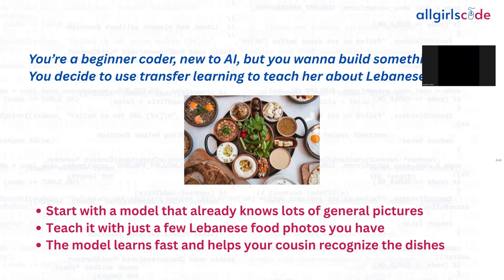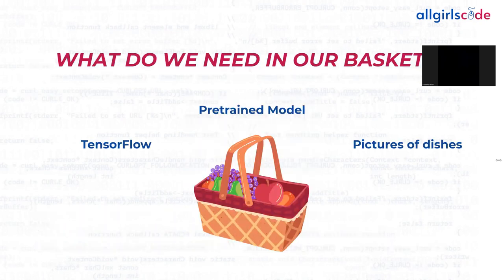Then you're going to reuse that model and upload a few photos of several Lebanese dishes. It can be tabbouleh, shawarma, anything you want. Guess what? The result is that you are going to be able to recognize and identify Lebanese food with just as little as 5 photos. And that's all thanks to transfer learning.